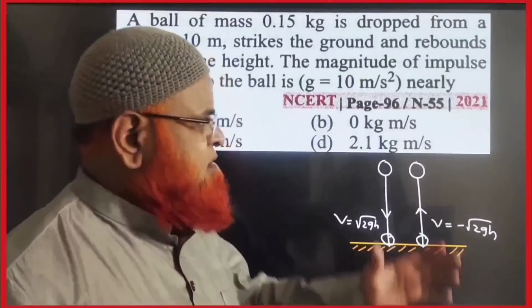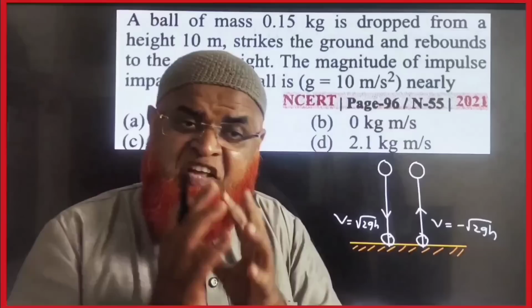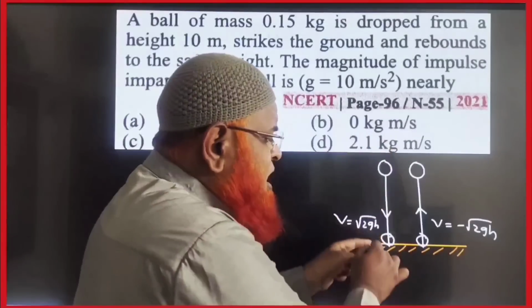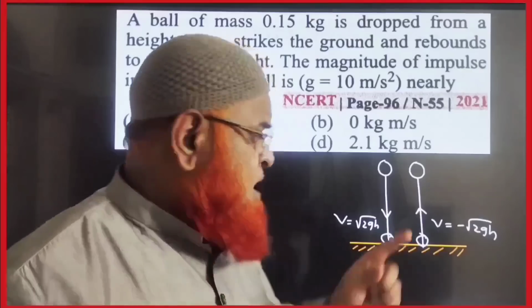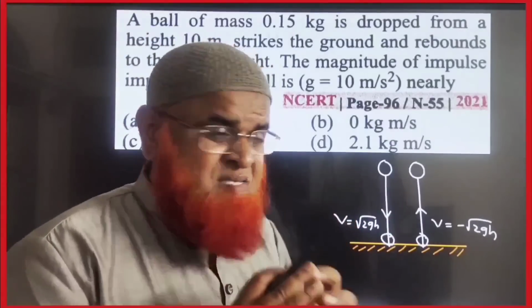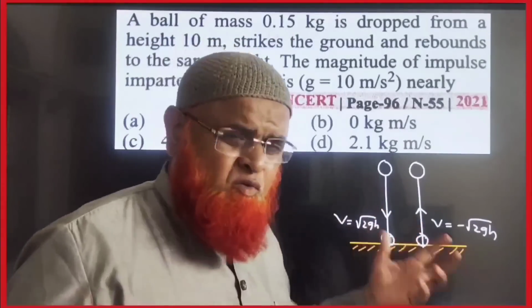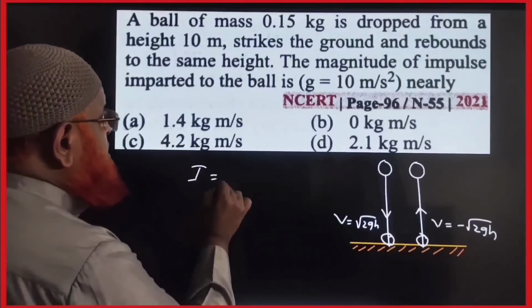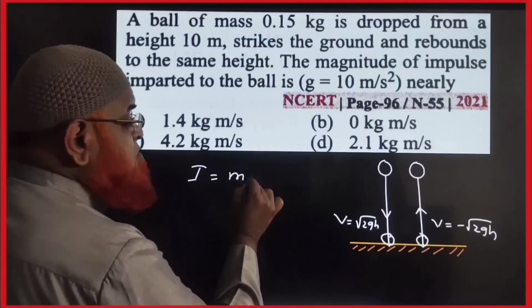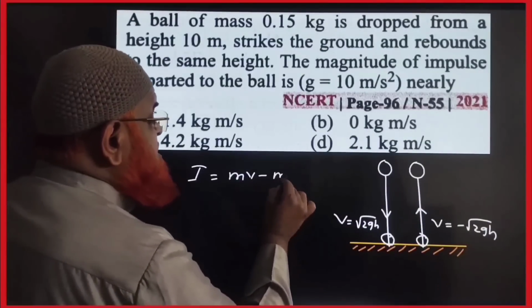My dear students, here in this case you have taken one ball. A ball falls on the ground and rebounds back to the same height. Then what is the impulse of the ball on the ground? That is the question here. You all know impulse is nothing but change in momentum, that is mv minus mu.